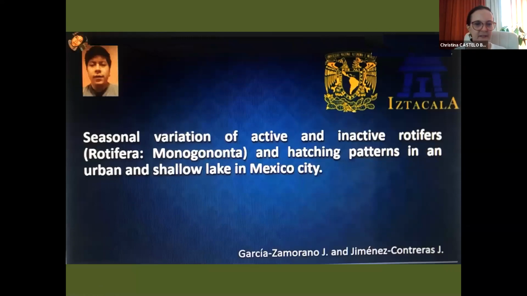Now will be the seasonal variation of active and inactive rotifers, Rotifera monogononta, and hatching patterns in an urban and shallow lake in Mexico City by Jair Garcia Zamorano. Is Jair here?